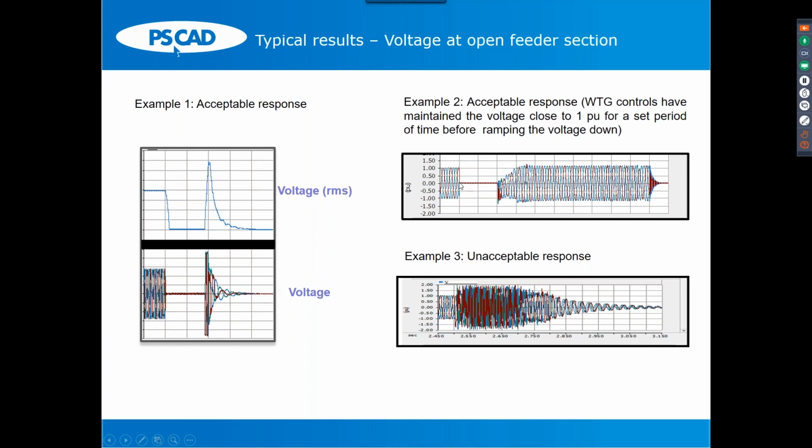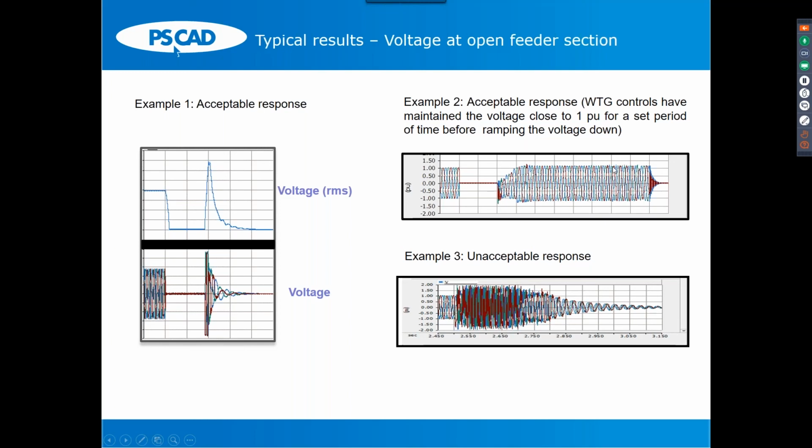Here's another example. This is again, I would say, an acceptable response. What has happened here is again a 3-phase fault. The fault is cleared, the voltage ramps up, the feeder is isolated. The wind turbine controls have held the voltage to around 1 per unit.